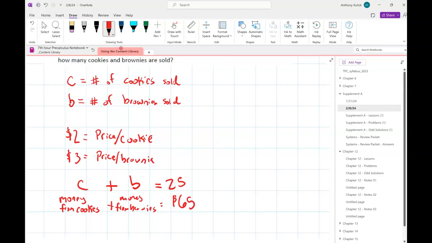Everybody's okay? I'm now going to take this equation that we've written in words and translate it to symbols.